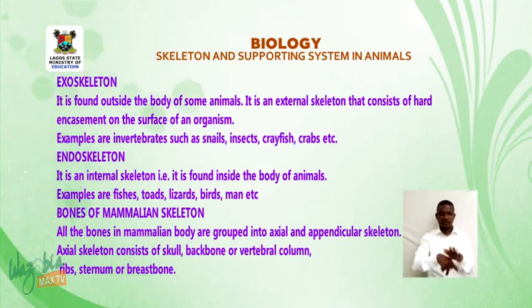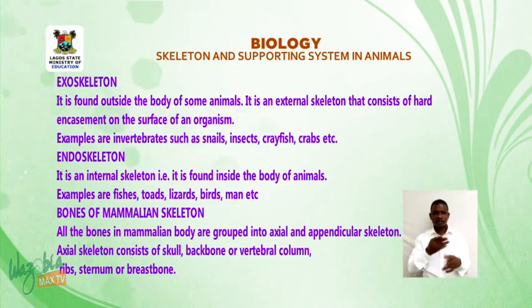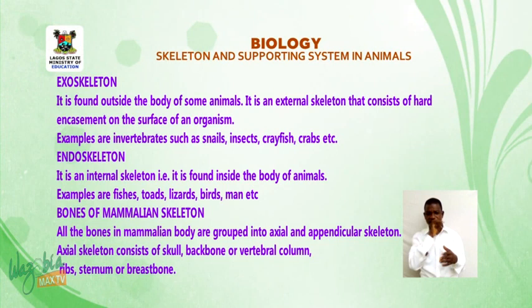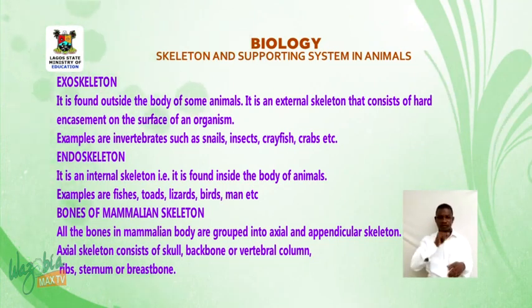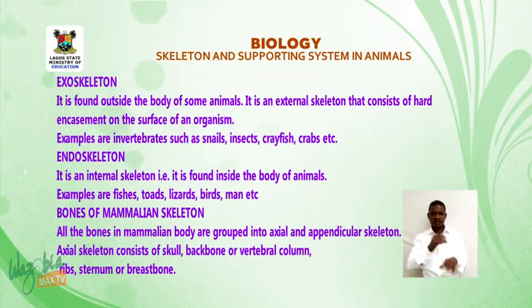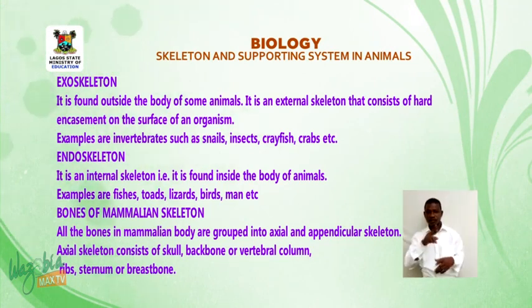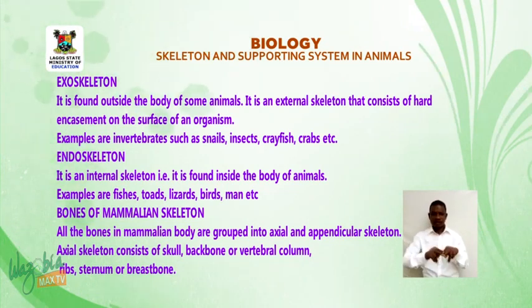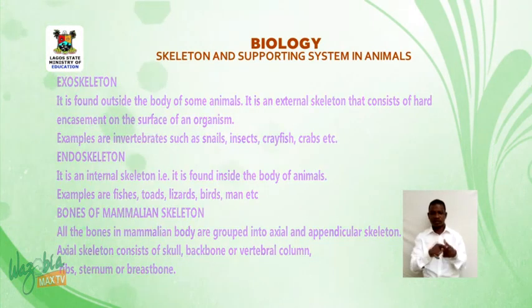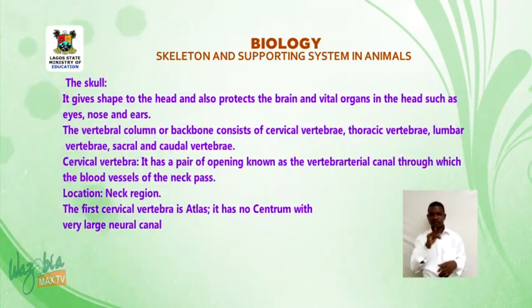Bones of mammalian skeleton. All the bones in the mammalian body are grouped into axial and appendicular skeleton. Axial skeleton consists of skull, backbone or vertebral column, ribs, sternum or breastbone. The skull.